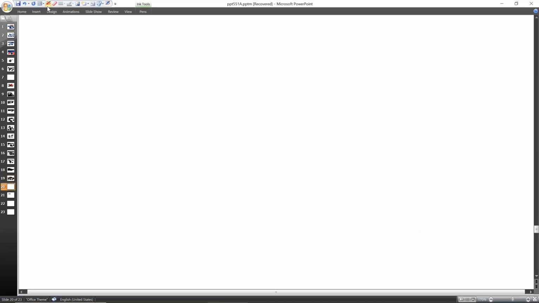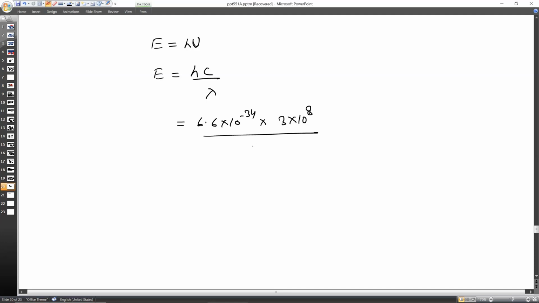The simple one is E equals h nu, where nu is the frequency of the wave, and you get the energy in joules. Or E equals h c by lambda, where h is 6.6 into 10 to the power minus 34, c is the speed of light, 3 into 10 to the power 8, and lambda is the wavelength.